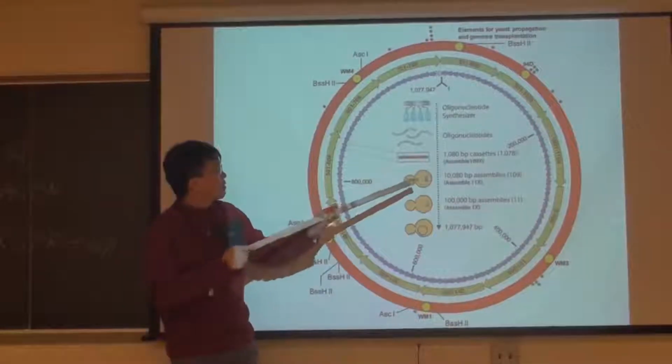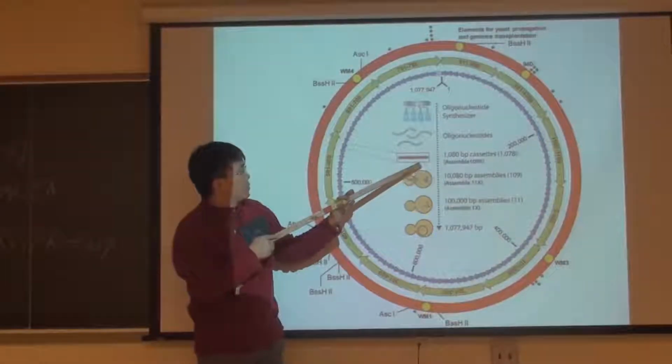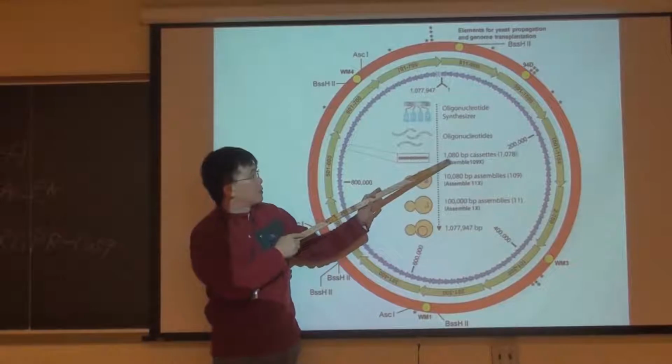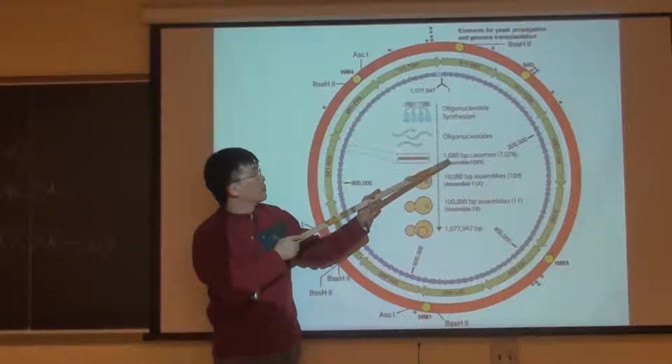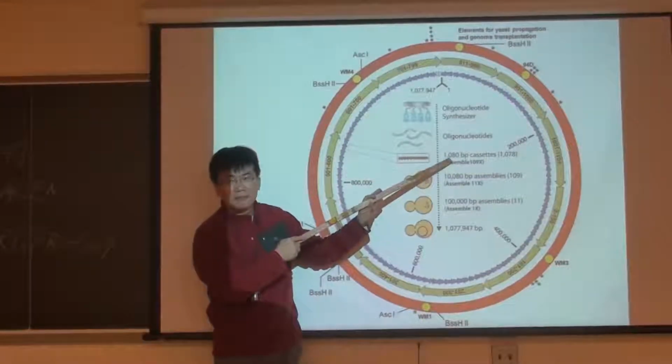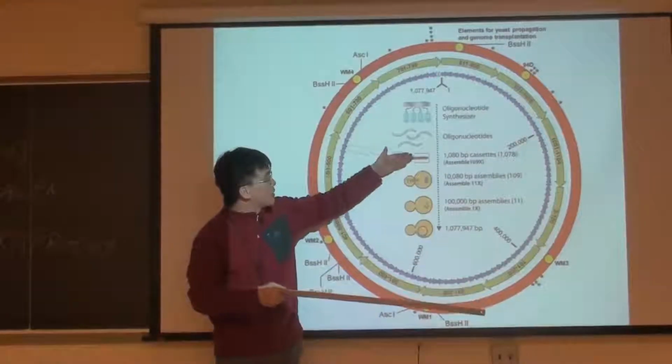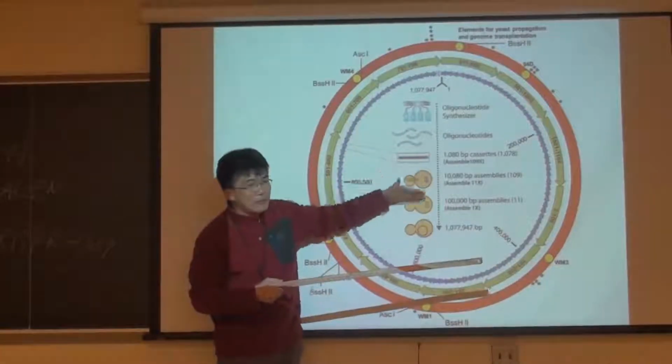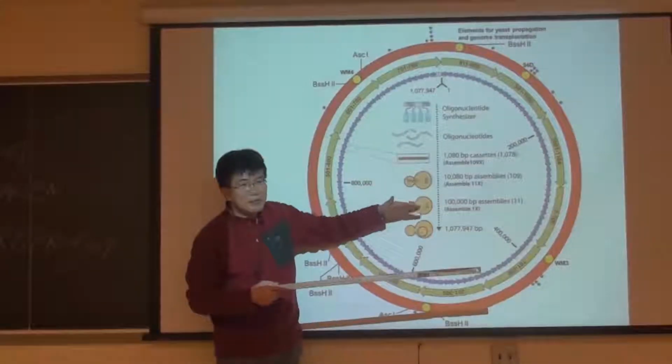What they did was they first purchased DNA molecules from a company that produces DNA molecules that are 1,000 base pairs long already. And then they did 3 steps to go to 10,000, 100,000, and 1 million.